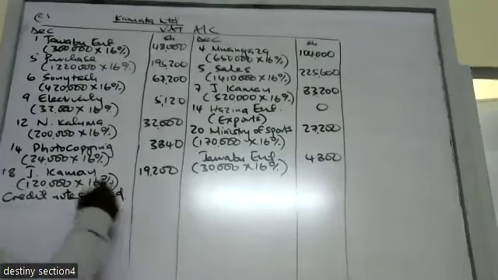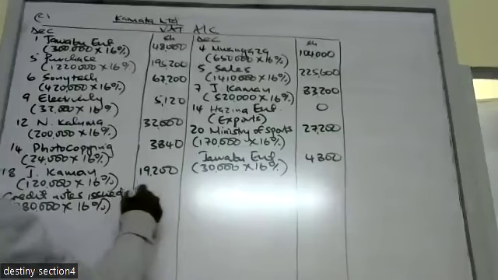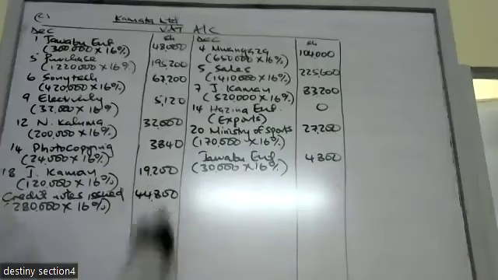Now the value of credit notes issued to customers is 280. So VAT, 280,000 you multiply by 16%. We will debit that. So 44,800 is debited for credit notes issued to customers.